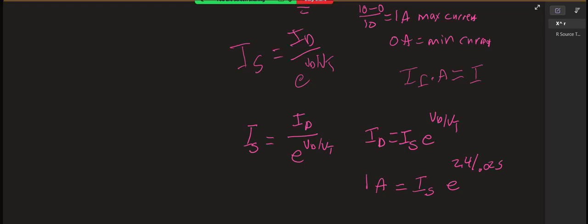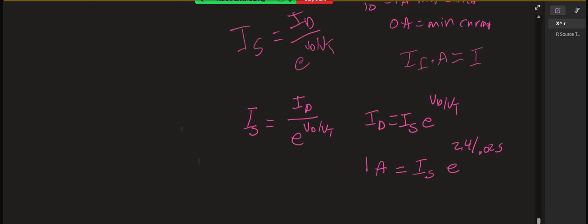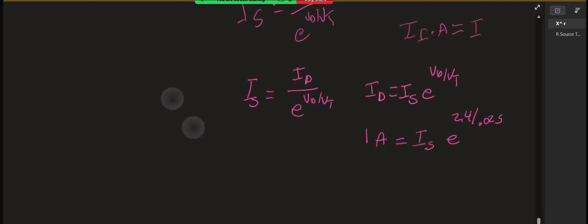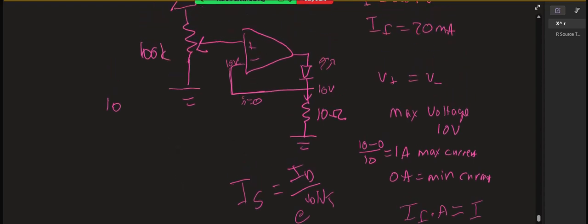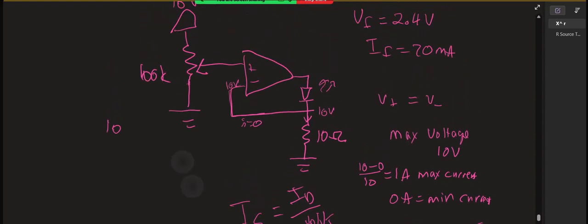What am I supposed to be solving for? I don't even remember. The first part was the maximum current, then you're finding the maximum voltage through the diode. Then you are finding the maximum supply needed by the op amp in order to make this circuit work. Oh, okay, I see. Now I understand. I was really confused.